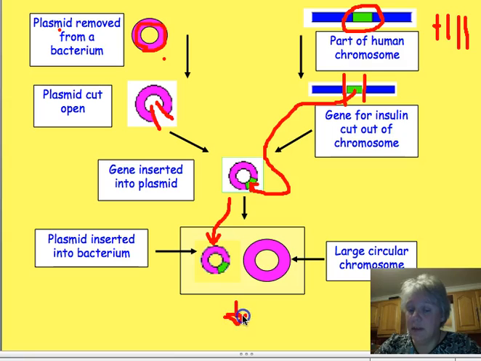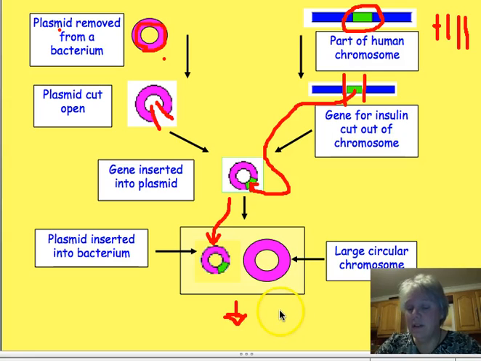And then from there, what happens is these bacteria can be grown. The scientists grow them in large fermenters, and they grow them with a whole lot of nutrient broth, so they give them lots of food and they keep them warm and they've got them just at the right temperature and they give them oxygen.